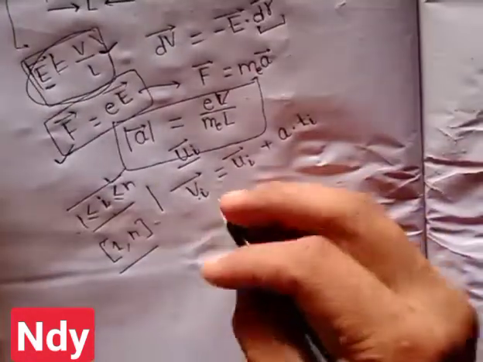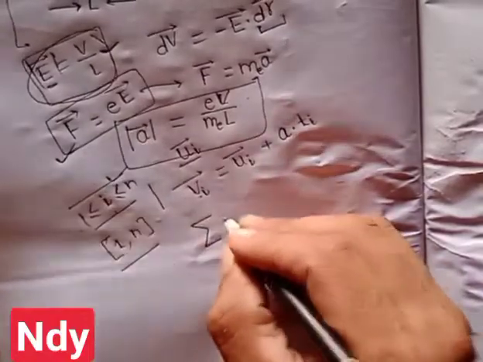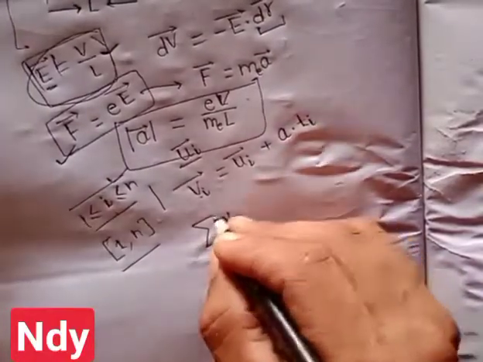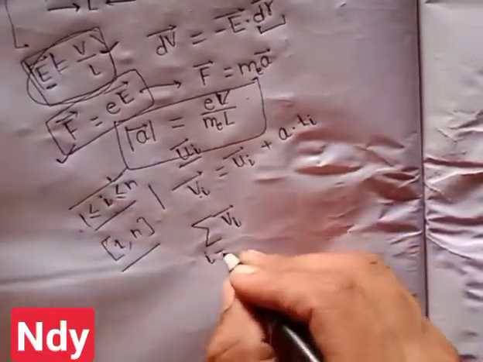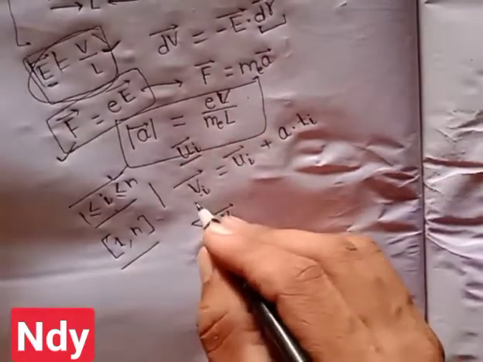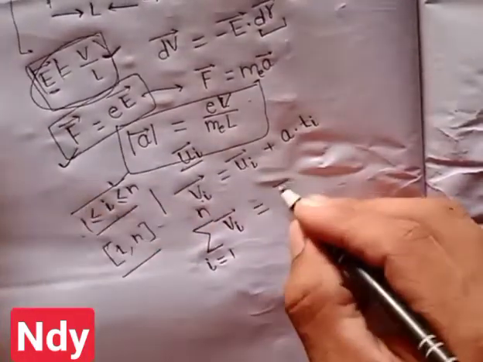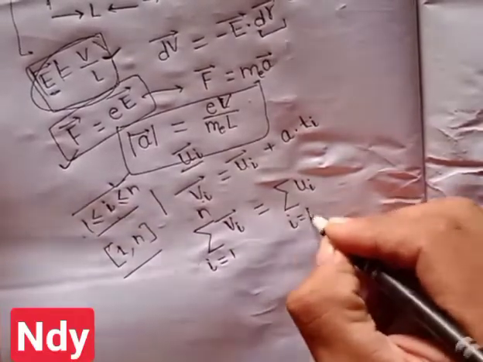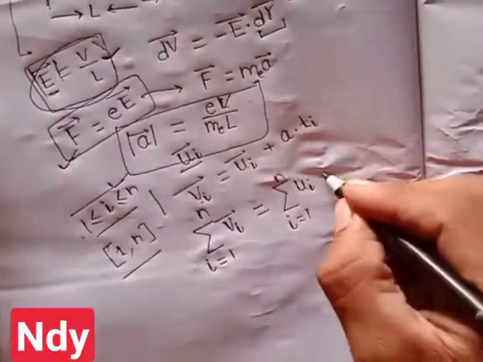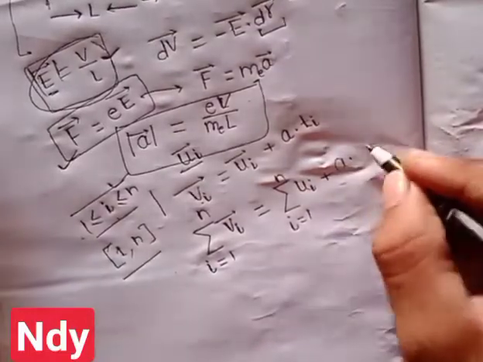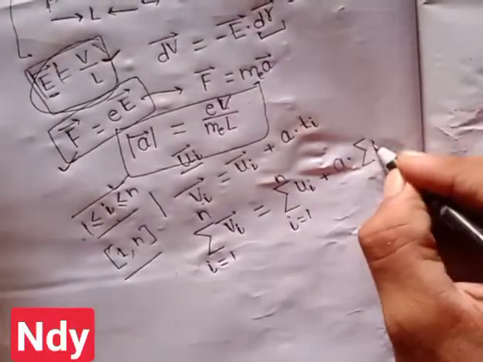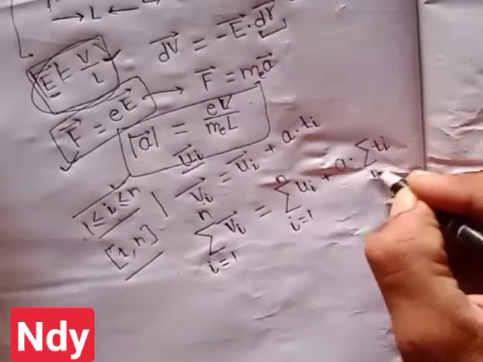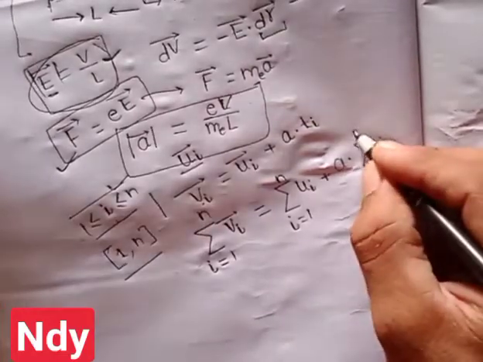So for that purpose we sum this vector, that is sigma vi, i runs from 1 to n, is equal to sigma ui, i runs from 1 to n, plus a into sigma ti, i runs from 1 to n.